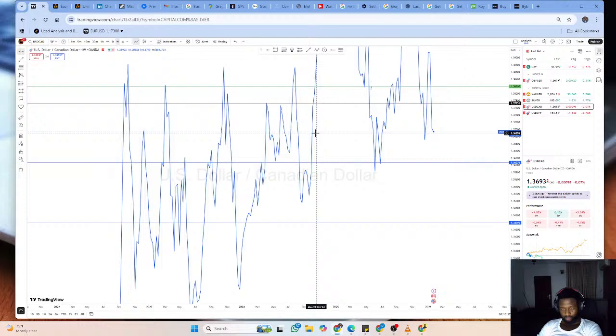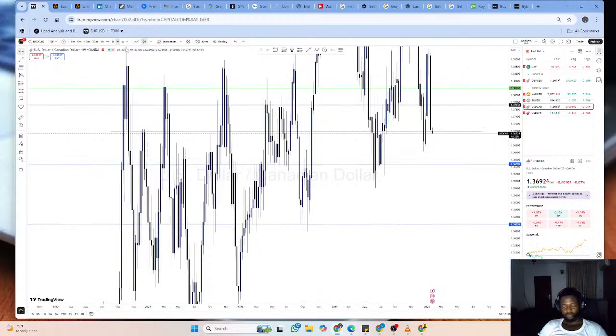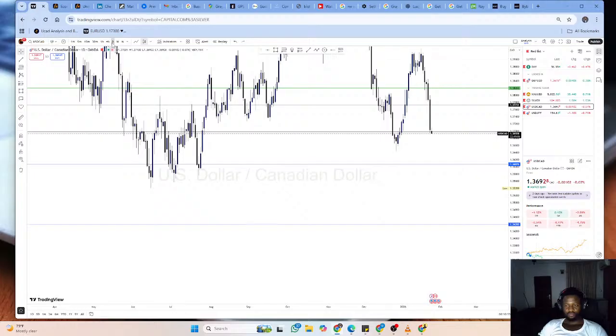There's a mid-level here that I did not draw. This guy still wants to go down. Okay, I have a drawing on the mid-level before. I remember when this was in 2024. I was trading UCAD in 2024.